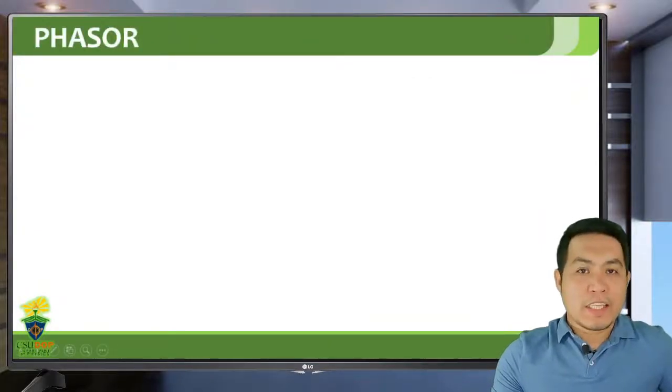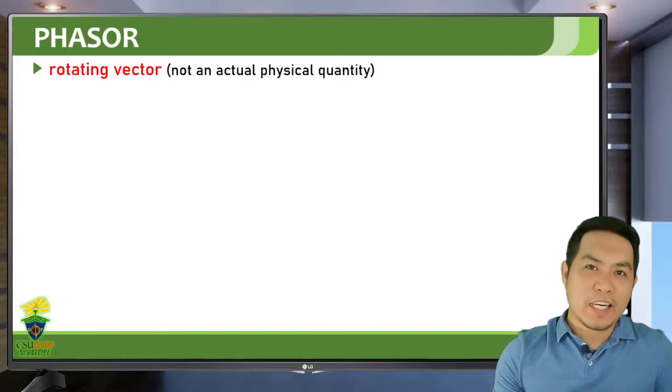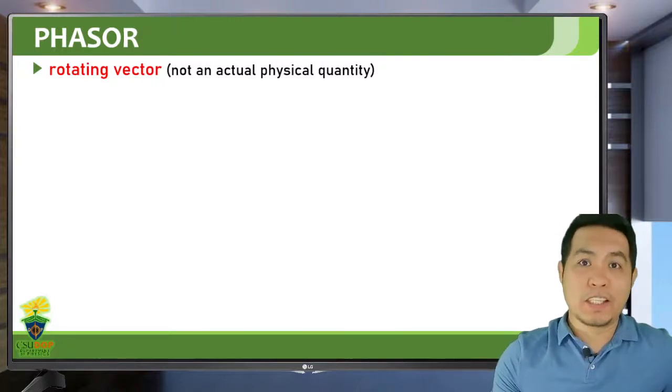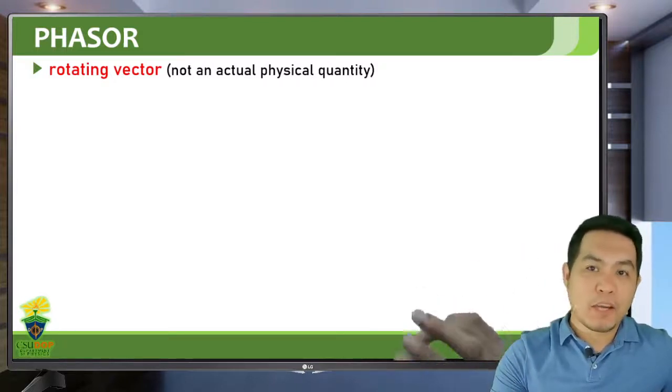So what is a phasor? A phasor is actually a rotating vector, a vector that rotates. Its magnitude may be constant, but its direction is always changing.